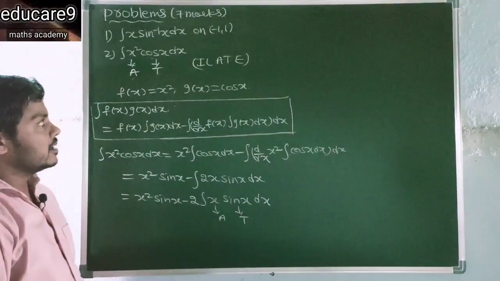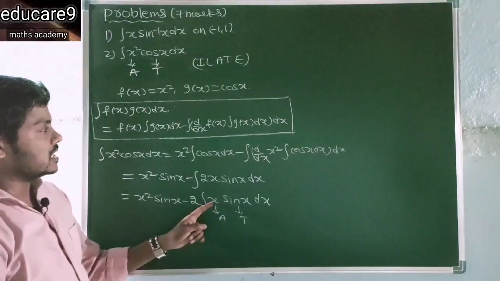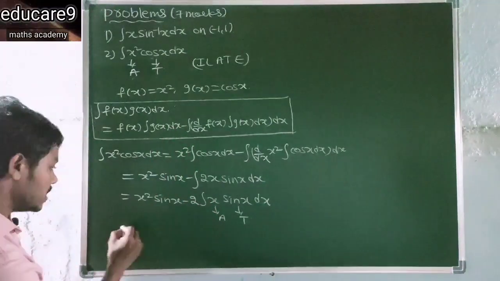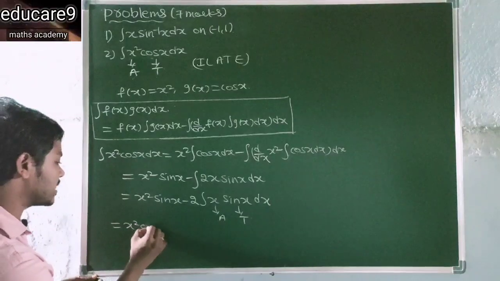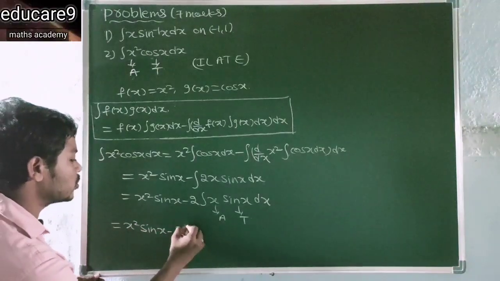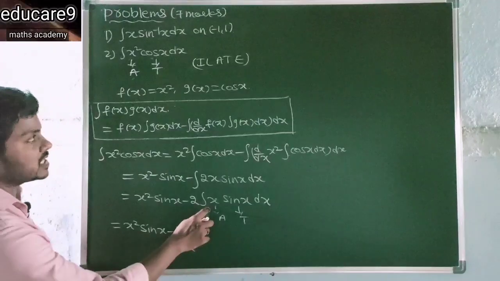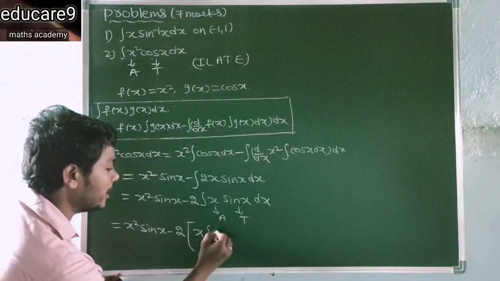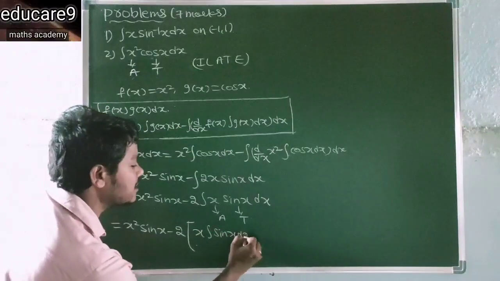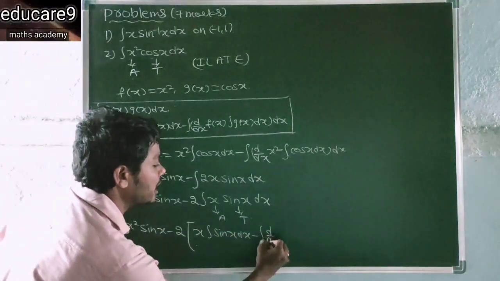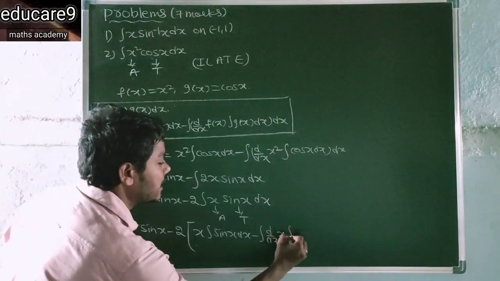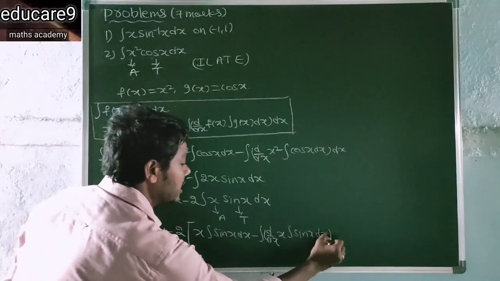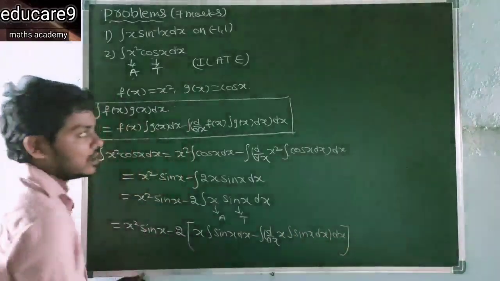So clearly which one is the first one? This is the first function and this is the second function. Again apply the by parts formula. So that is x square sin x minus 2 into, so what is the first function? X is the first function. So x into integration of sin x dx minus integration of d by dx of x integration of sin x dx whole dx. Okay.